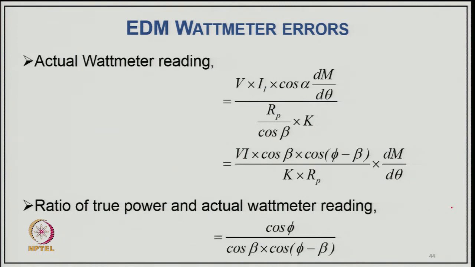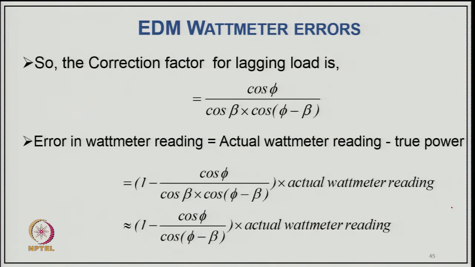So, the ratio of true power to actual power will be cos phi divided by cos beta into cos (phi minus beta). So, the correction factor for a lagging power factor load is cos phi divided by cos beta into cos (phi minus beta). The error in the wattmeter reading will be the actual wattmeter reading minus the true power.